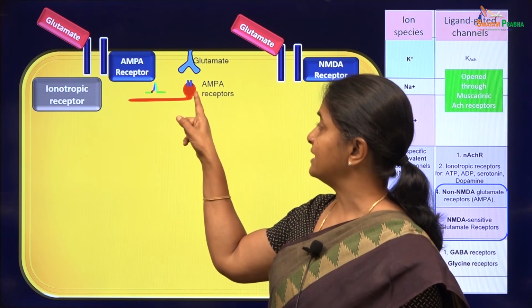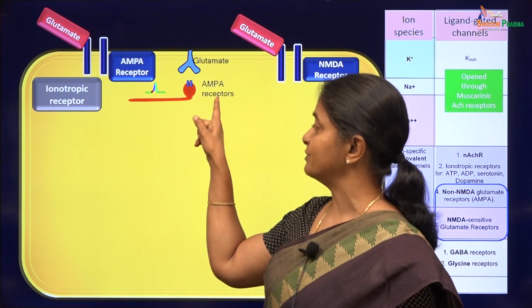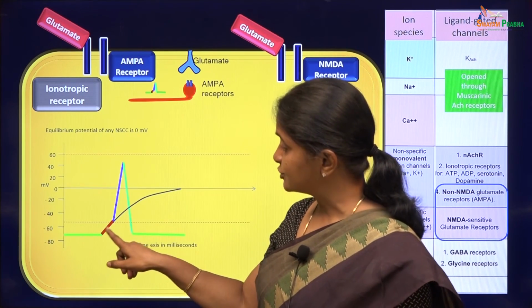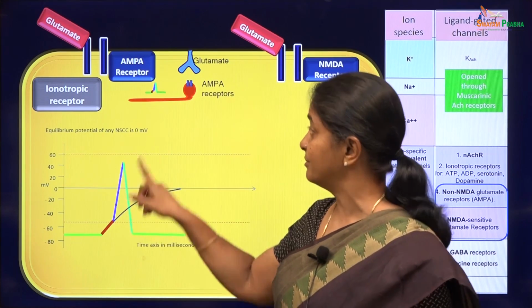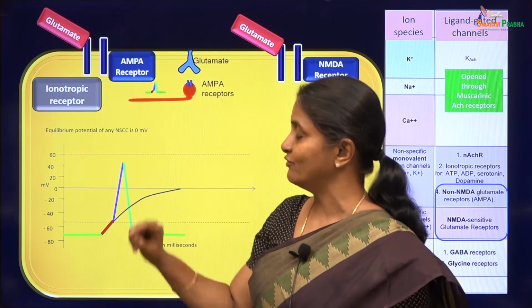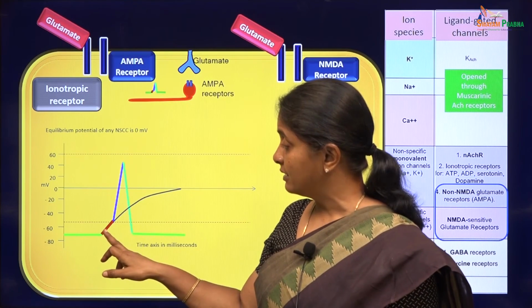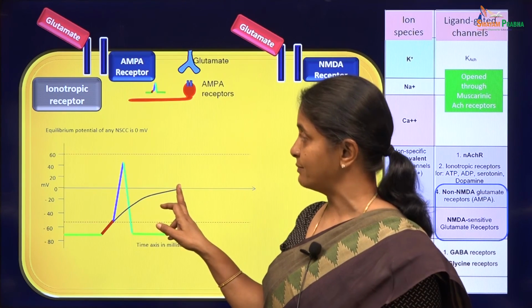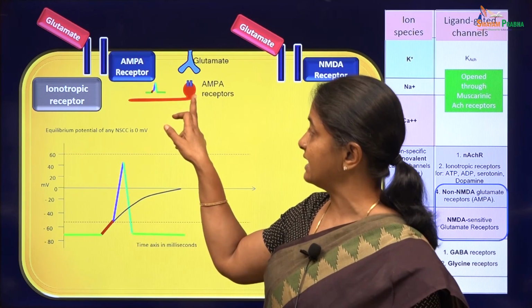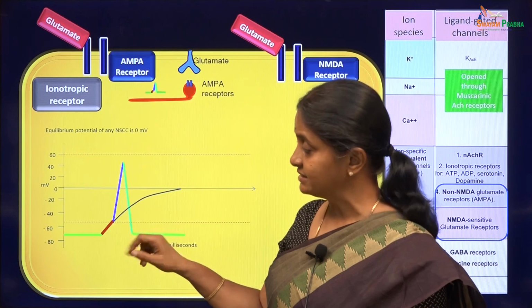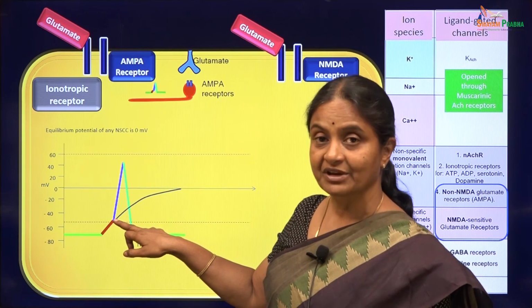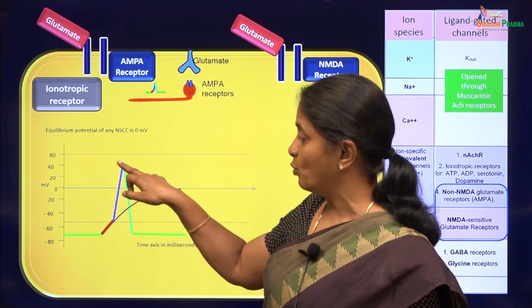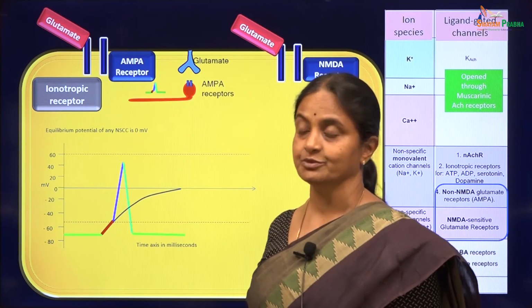Glutamate will first bind to the AMPA type of glutamate receptors on the postsynaptic neuron, and that is responsible for the initial depolarization, because these are also non-specific monovalent cation channels. They, like the nicotinic acetylcholine receptor, will attempt to depolarize the membrane, but since the postsynaptic cell has voltage gated sodium channels, after this initial period of depolarization up to the threshold for opening voltage gated sodium channels, what you will indeed see is an action potential.